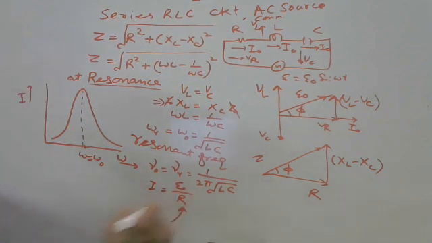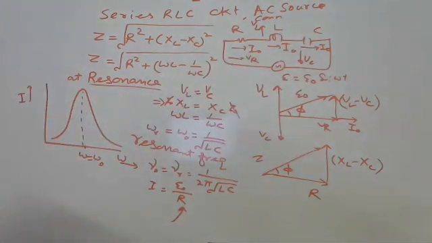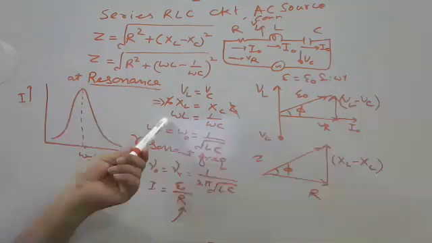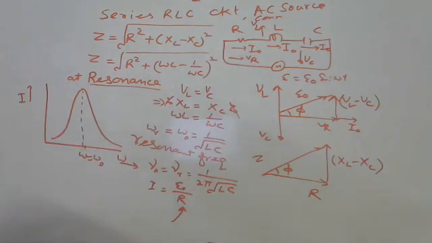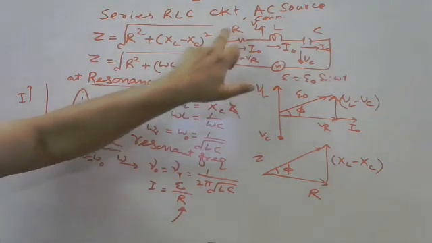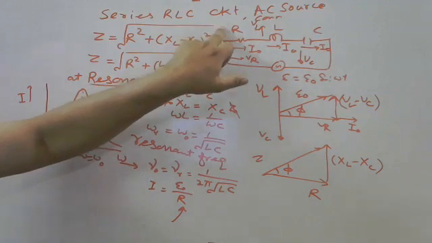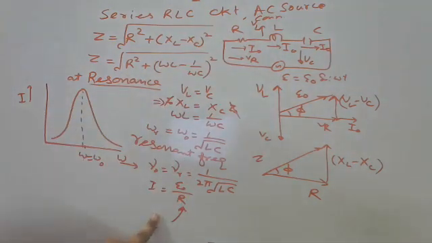If suppose in any circuit XL and XC are equal at a particular frequency omega naught, but R remains in the circuit, the total impedance is equal to resistance only. Suppose in any circuit resistance is more, current will be less, and vice versa. Suppose R is less, then I will be more, and if R is more, I will be less.